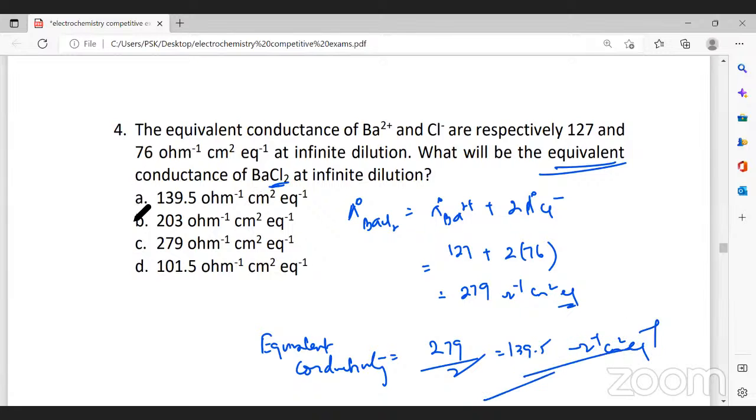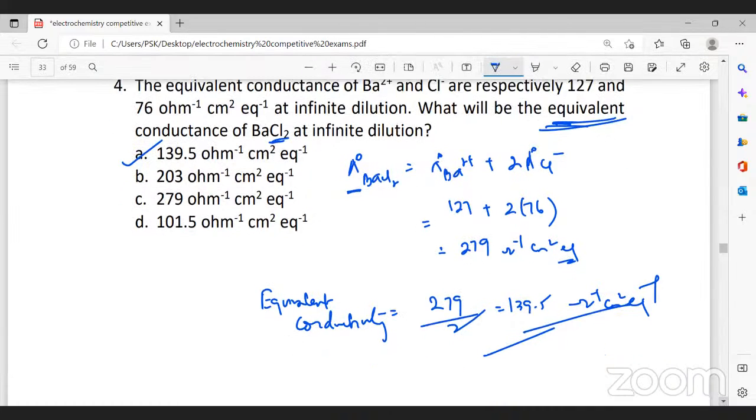So the answer for this question is option A, 139.5. See, there's a confusion here. They're asking you to calculate the equivalent conductance. If you leave it here, it is molar limiting conductivity. So 279 per ohm centimeter square per equivalence will be equivalent molar conductivity. In order to find the equivalent conductivity, you have to divide it by 2. Therefore, the answer for this question is 139.5.